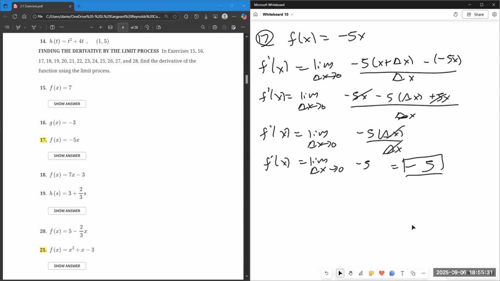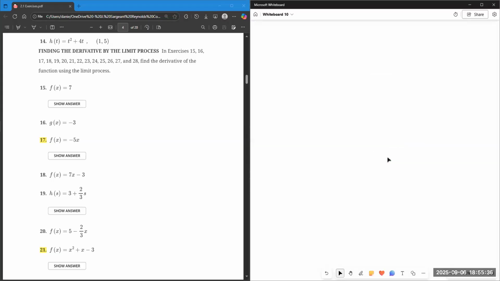Let's look at 21. f of x is equal to x squared plus x minus 3.